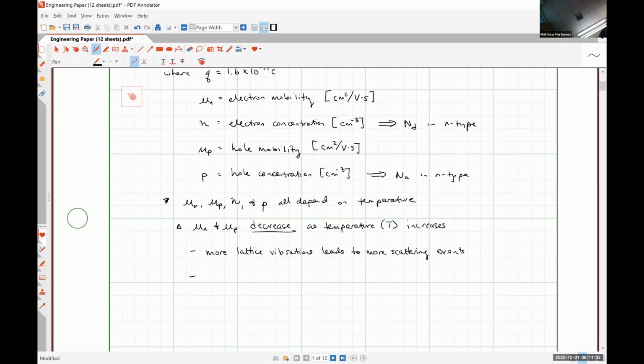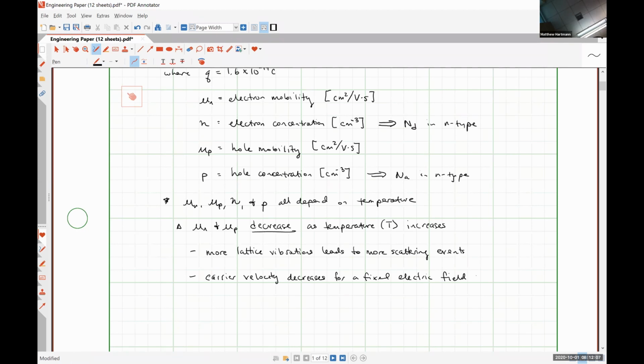This causes the carrier velocity to decrease for a fixed electric field. So if we don't change the field that we're applying, but we increase our temperature... I'm trying to write things down and talk, and the words are different, and it's screwing me up.